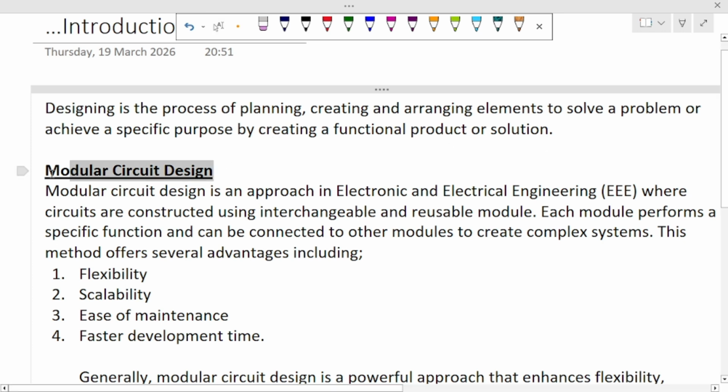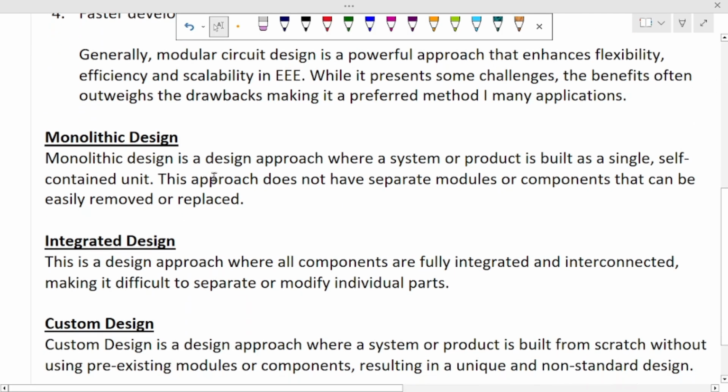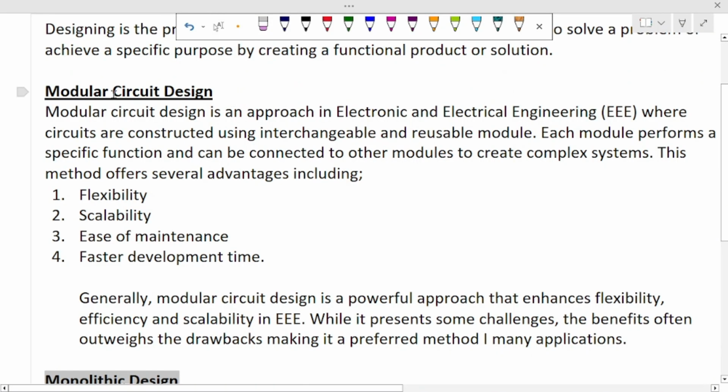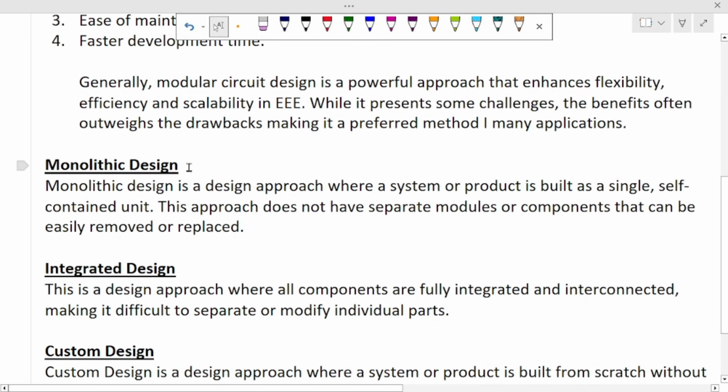Modular design, monolithic design, then integrated design, and finally custom design.